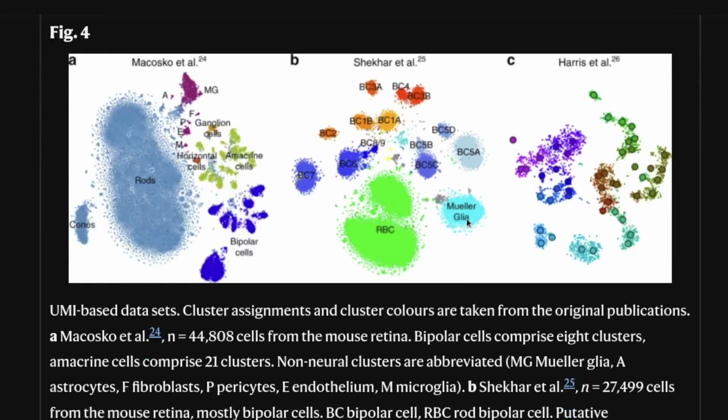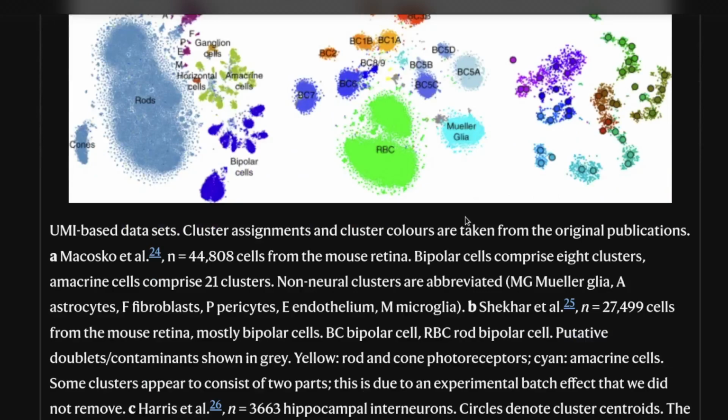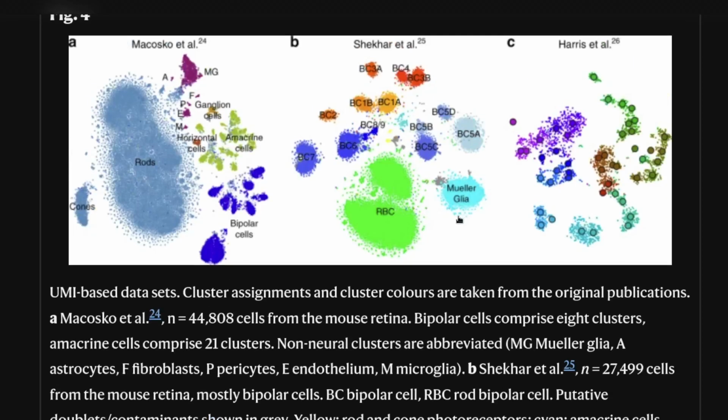Figure 4. UMI-based datasets. Cluster assignments and cluster colors are taken from the original publications. A: Macosko et al. 24. N equals 44,808 cells from the mouse retina. Bipolar cells comprise 8 clusters. Amacrin cells comprise 21 clusters.